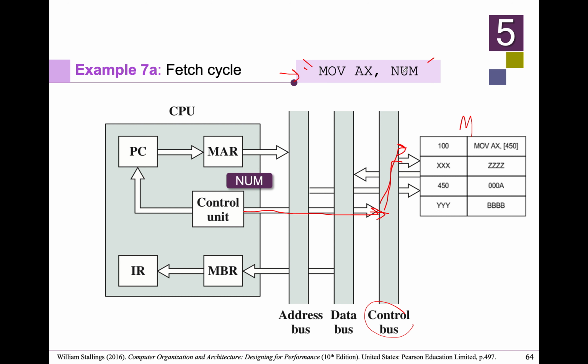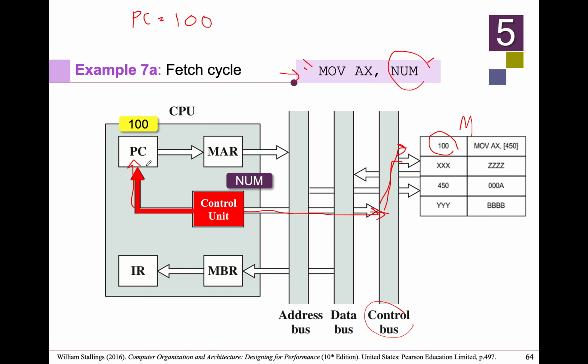But over here, it's mentioned as a num. You can see the first value is 100 for the address. Then it's going to go to the PC, and your PC value is 100.